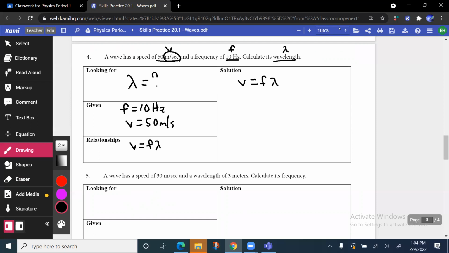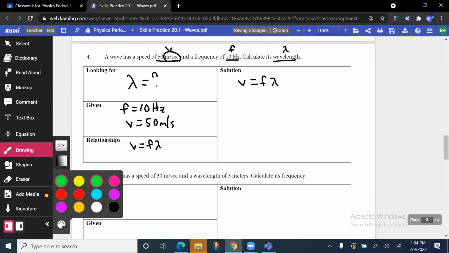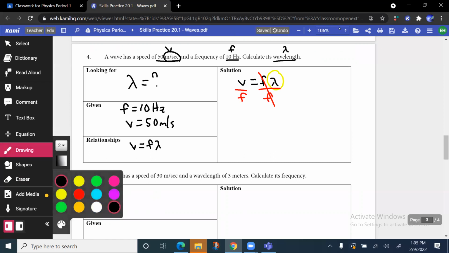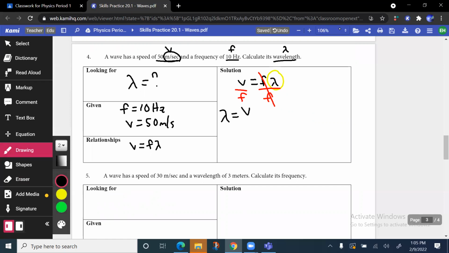The difference this time is we need to actually solve the wave speed equation for wavelength. You can accomplish this by dividing both sides by frequency. Wavelength would therefore be the speed over the frequency, and now you can go ahead and plug in your numbers. 50 meters per second over 10 hertz, or 10 cycles per second, would be 5 meters.